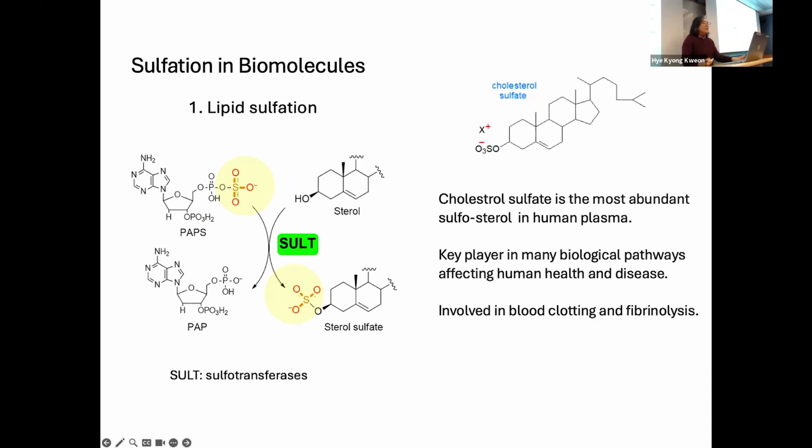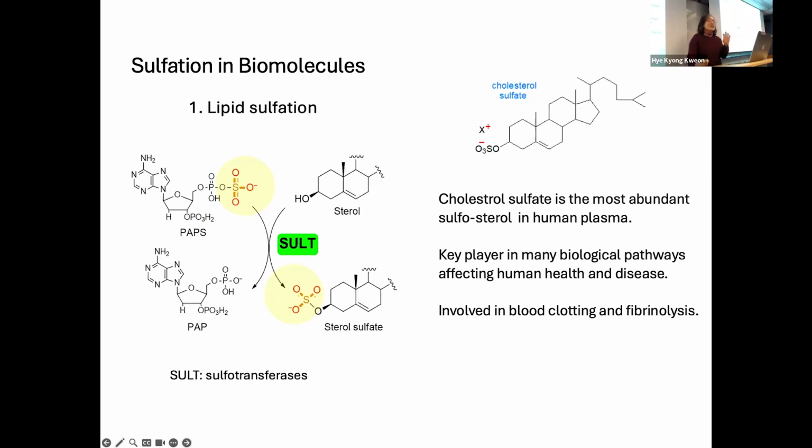One example that is biologically significant is cholesterol sulfate. Cholesterol sulfate is most abundantly found in fluid systems, like plasma, urine, or bile. It has been known that the concentration of cholesterol sulfate in blood is strongly correlated with pathological conditions such as inflammation or neurodegenerative disease.